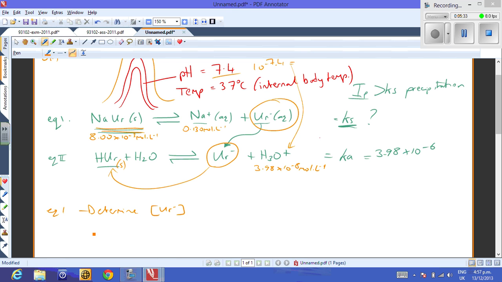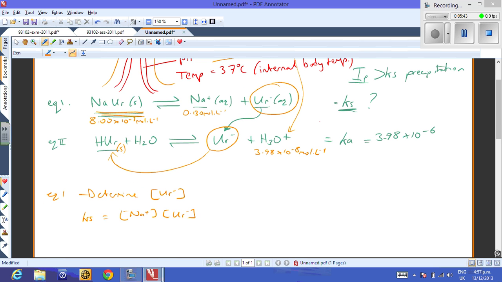And we know the Ks. The Ks is simply an expression of the concentration of sodium ions times the concentration of urate ions. It's one of the simplest types of Ks expressions you can write, because this is an AB type ionic solid, so just one ion of each constitutes the solid compound.